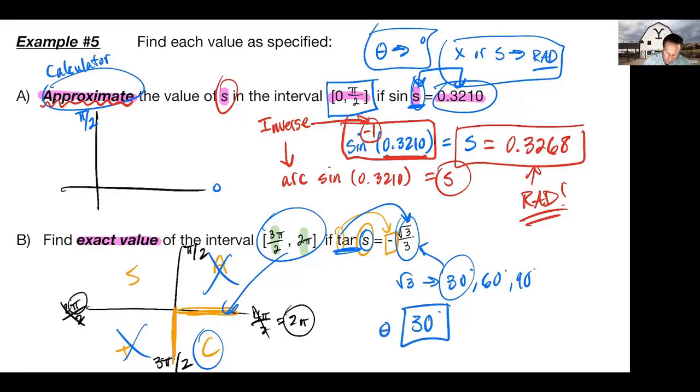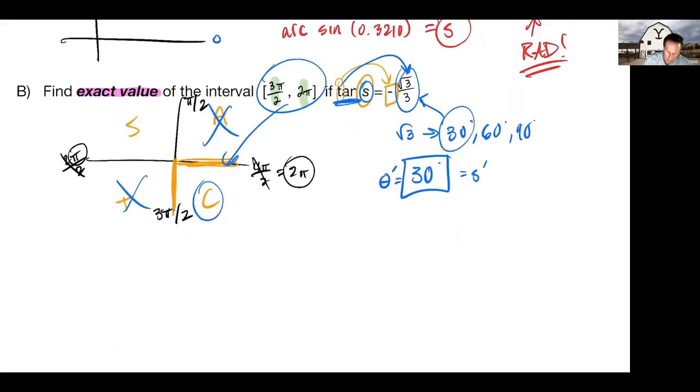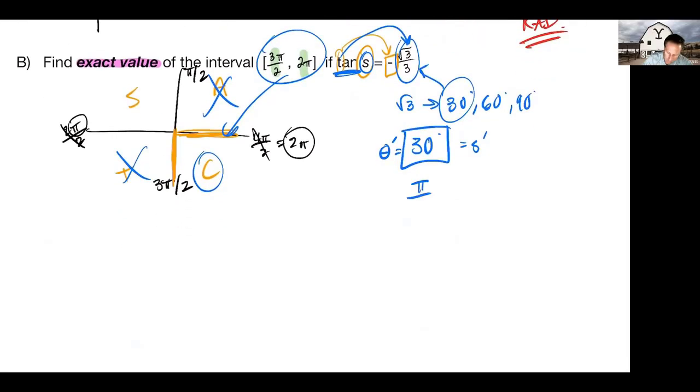Reference angle or arc. So that means because it's in radian measurement, I'm going to change that 30-degree to its equivalent, which would be pi over what? 6. Hopefully you see this.